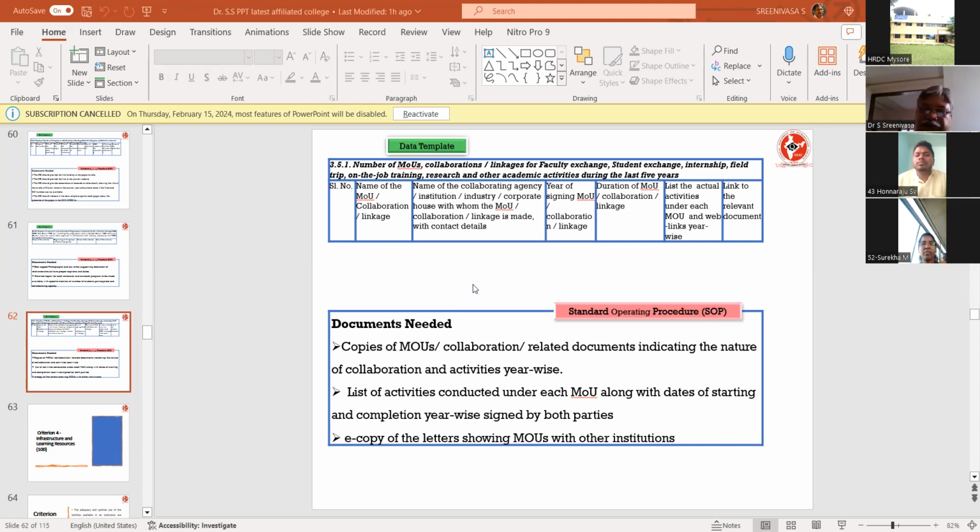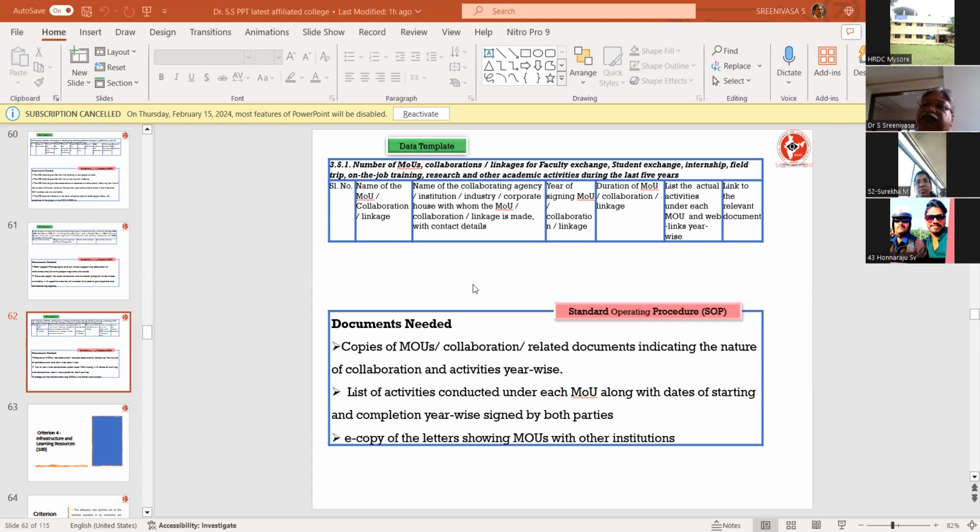Then, if you do some collaborative activity and generate some revenue by this collaborative activity, or if you are giving consultancy, for consultancy also there should be a consultancy document which is available to the faculty members.